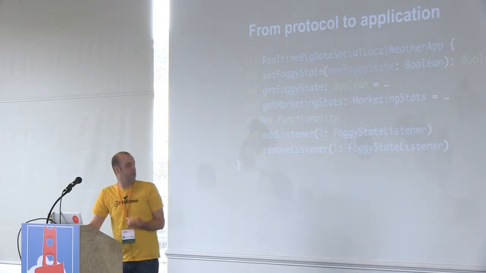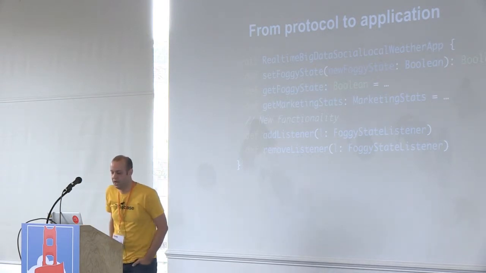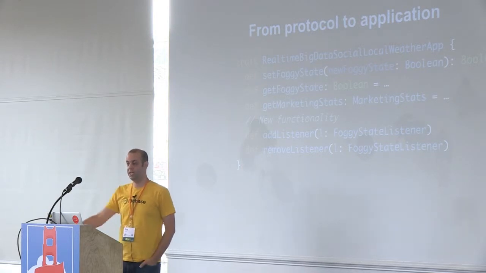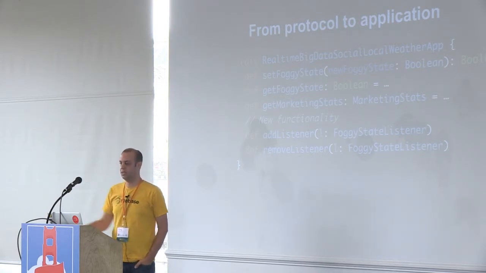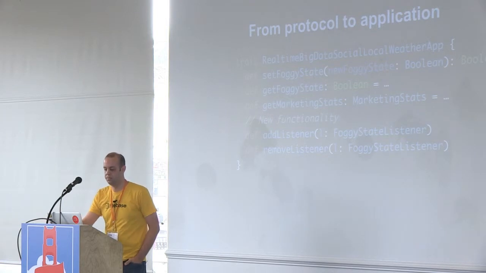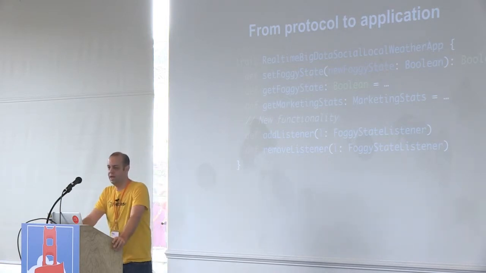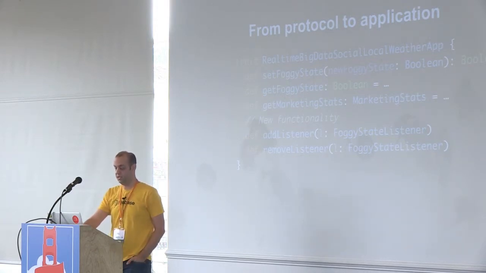So we have instead this trait here that speaks in the semantics of our application rather than in the semantics of the protocol. Like previously, it was like, here's a get or here's a post. Now it's get state or update the state, or here's a new listener that needs to be notified when the state changes, which is an addition in this round.